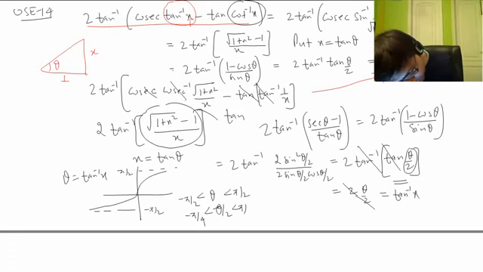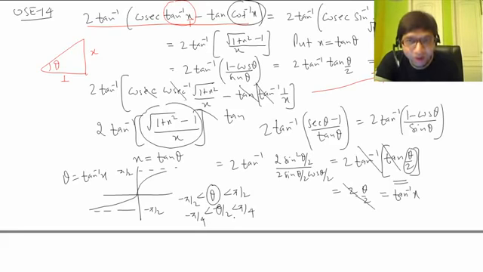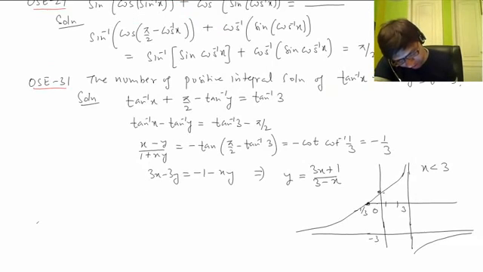Again, it's in the principal value branch. Problem comes when it is 2 theta, because we are stretching it, and it becomes minus pi to pi. If you are dividing by 2, you are reducing the interval, so it lies in the principal value branch. Fine. So this is the simplified form.